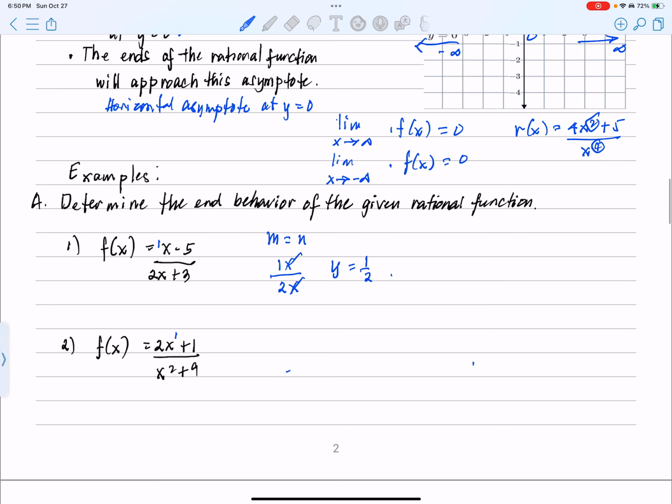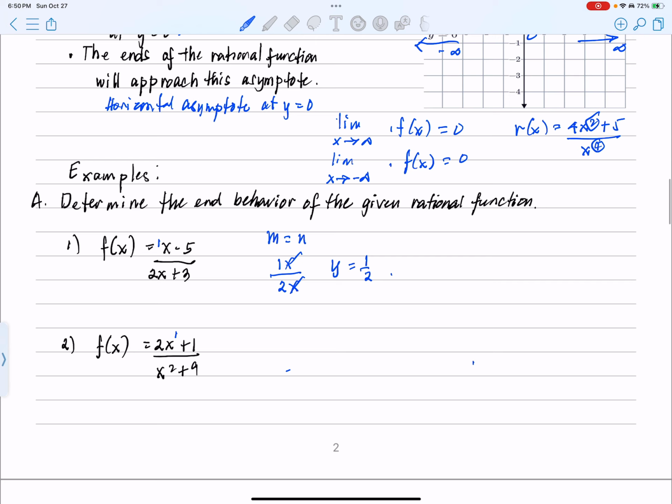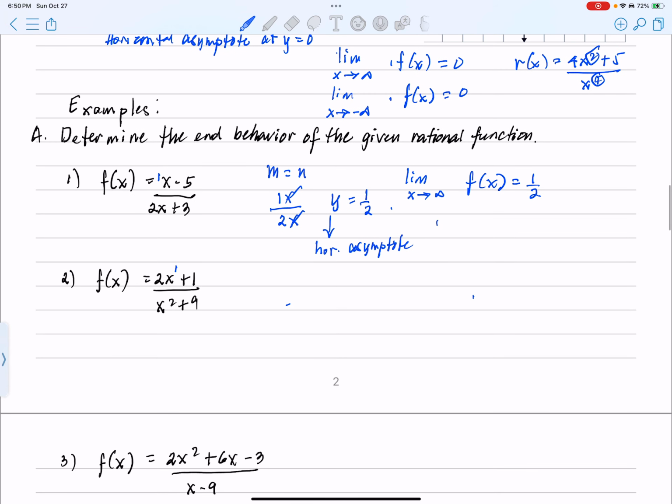That's our horizontal asymptote. So we could say that the limit as x approaches positive infinity, the function of x equals 1/2, as well as the limit as x approaches negative infinity, the function of x equals 1/2.